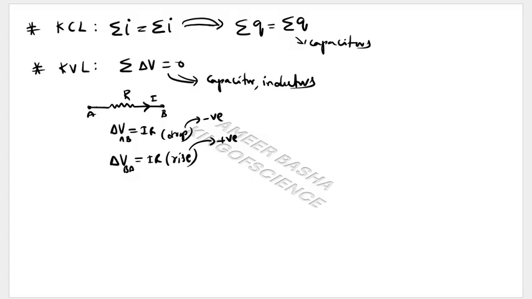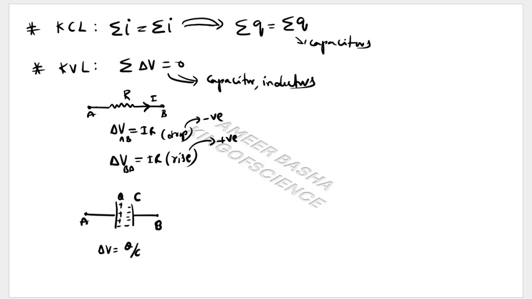Okay. So this is the resistor. If there is a capacitor, let's say here positive charge will be there and here negative charge will be there. Capacitance is C. Then the potential difference I write as Q by C, with Q being the charge here.